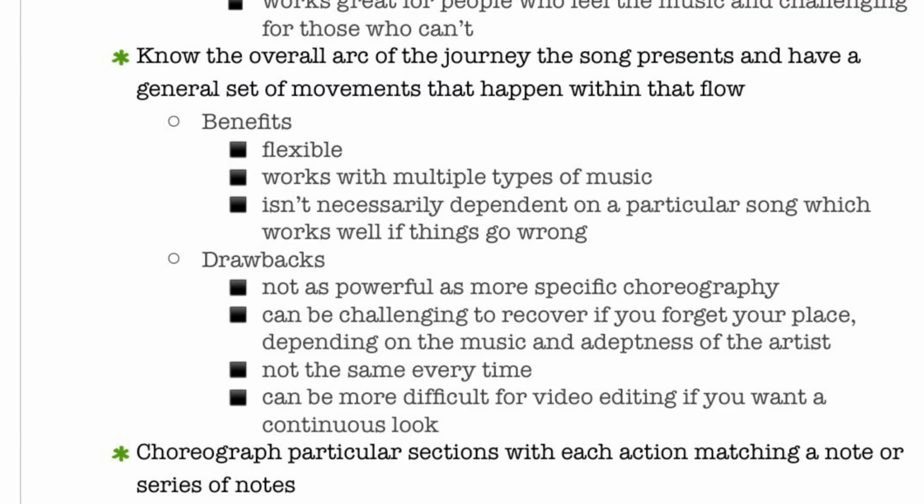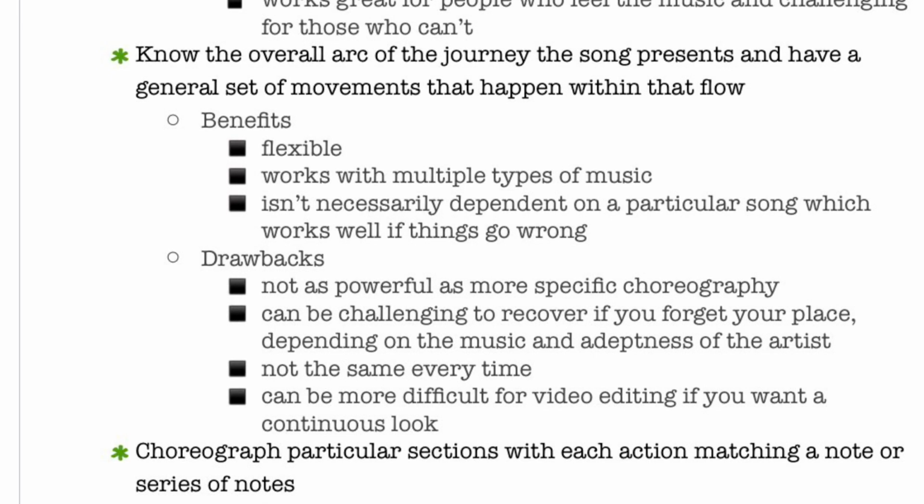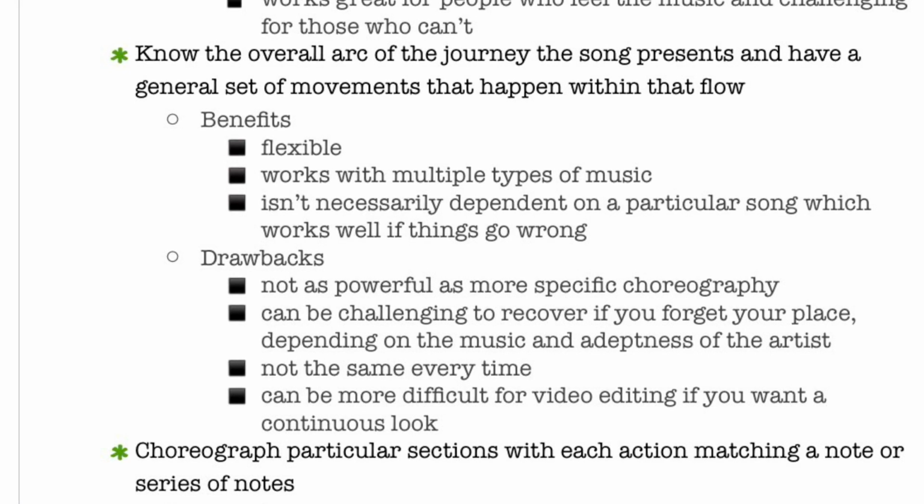The next level of choreography is about knowing the overall arc of the journey of the song and presenting something that has a general set of movements that aren't necessarily related to the track itself, but are a specific set of sequenced choreography put together in combinations.